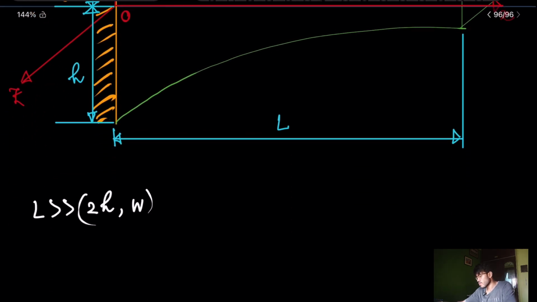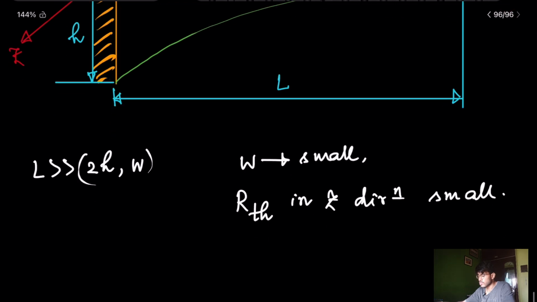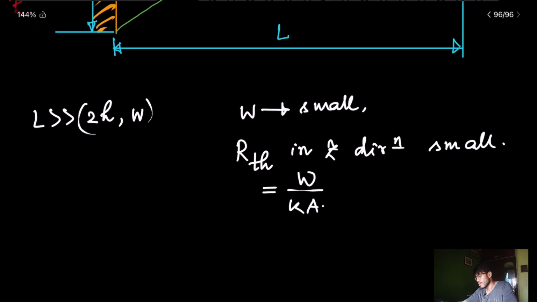So if my W is small, then my thermal resistance in Z direction will also be small, because thermal resistance is equal to L by K into A, right? So if W is small, my thermal resistance in Z direction is small.